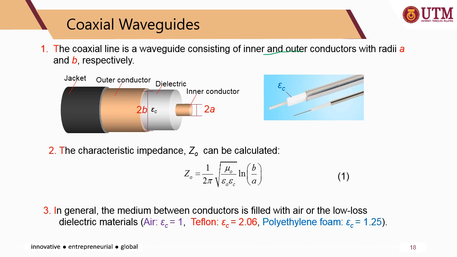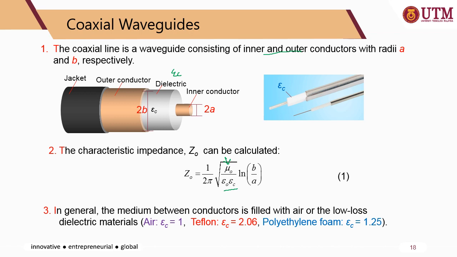The dielectric has its permittivity, and the characteristic impedance of the coaxial waveguide can be calculated by using this equation. B and A are the dimensions of the outer and inner conductor, and there is the free space permittivity epsilon naught, the dielectric permittivity, and also the free space permeability.